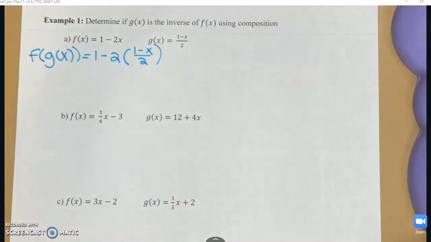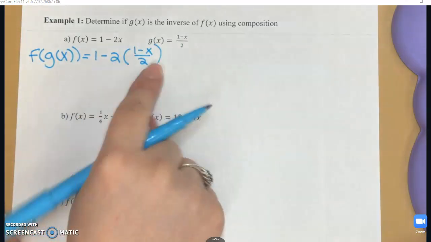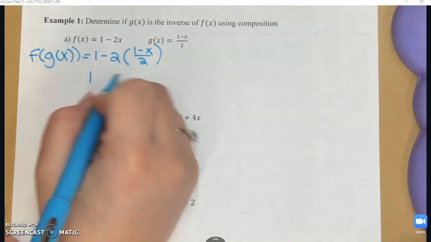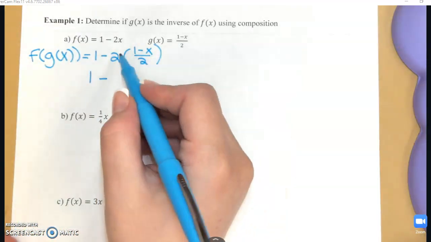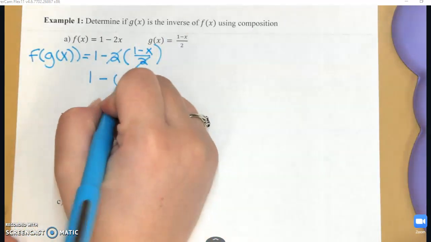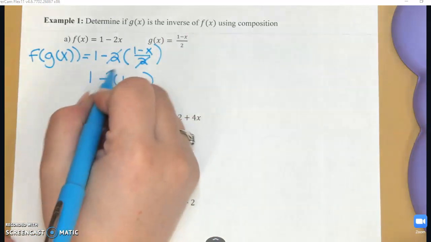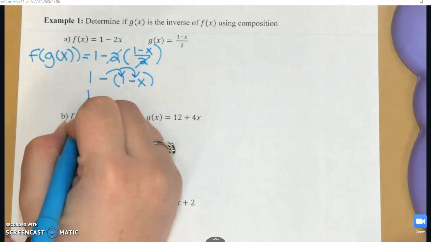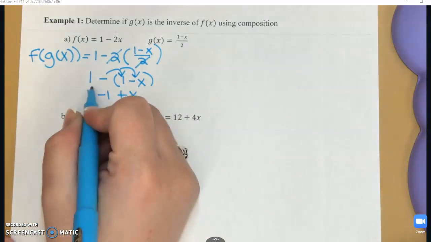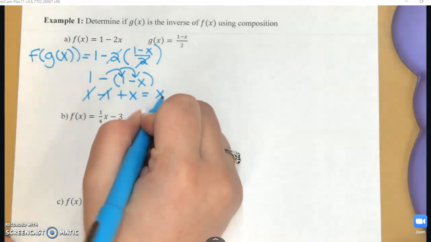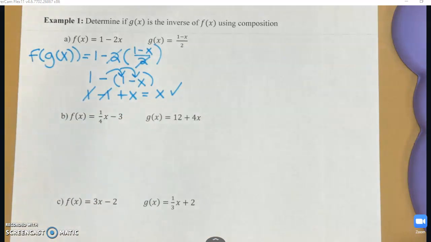Now I'm going to simplify, and whatever my result is will tell me whether or not these could be inverses. The 2's cancel, so I'll be left with 1 minus x. Then I need to distribute that negative: 1 minus 1 plus x. 1 and -1 cancel, and I'm just left with x as a result.